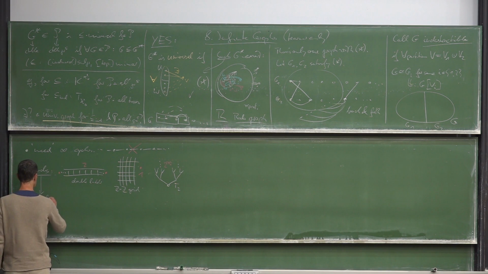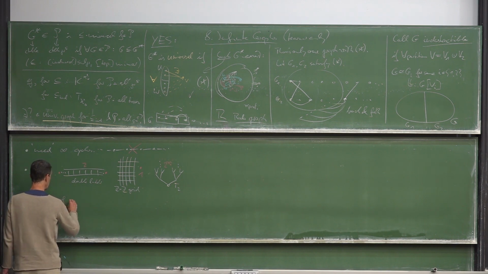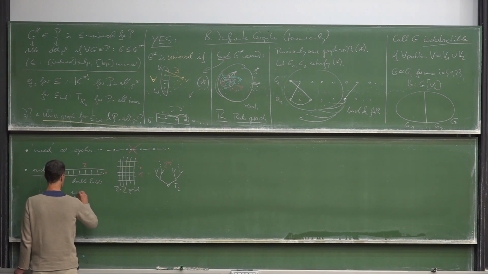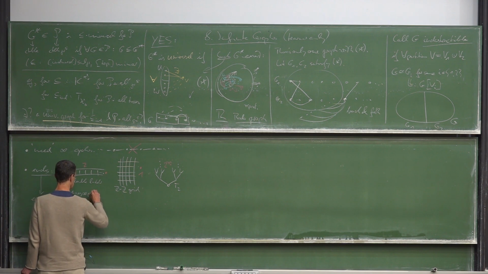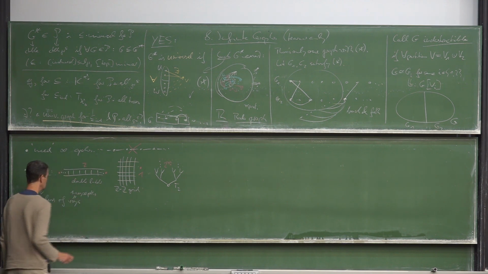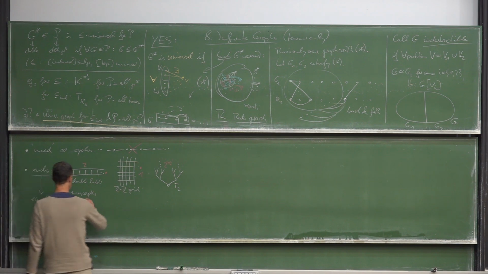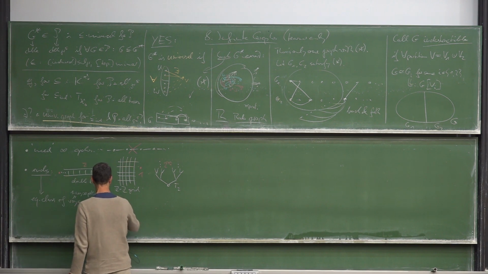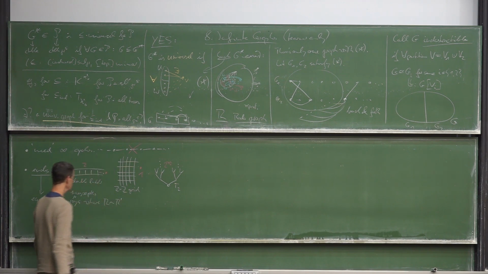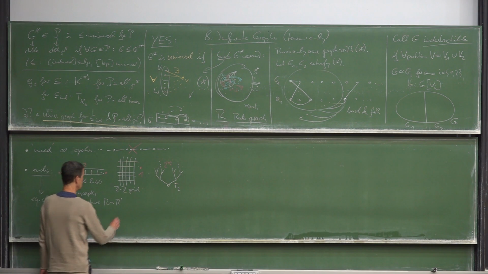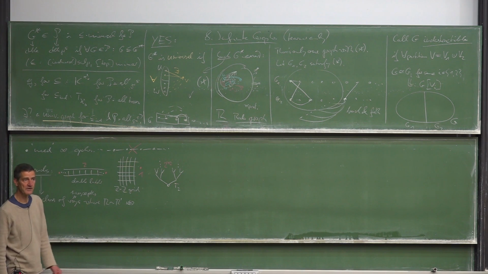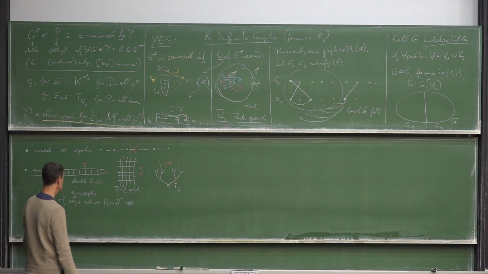An end is an equivalence class of rays. And rays are one-way infinite paths. Where R and R prime, two rays, are equivalent if we can't separate them by a finite set of vertices.